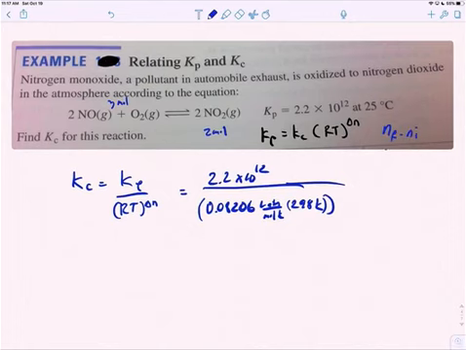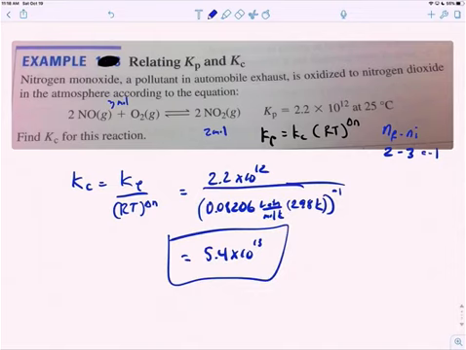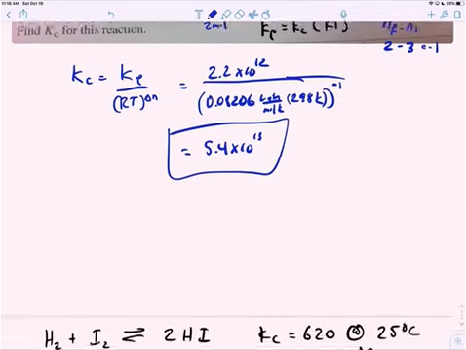There are 2 moles minus 3 equals minus 1. So this is all raised to the minus 1. You put that into your calculator and you get 5.4 times 10 to the 13. That's your answer there.